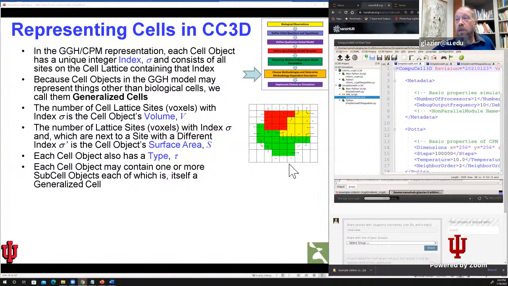As I mentioned, automatically, when you have a cell, you have a volume associated with the cell, because the number of voxels that have that index is well defined, and that's the cell volume.